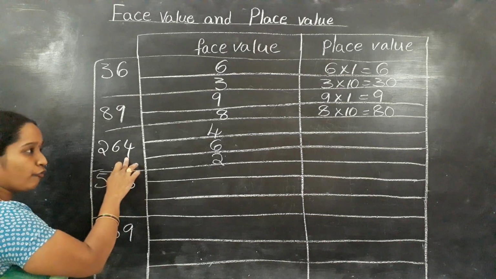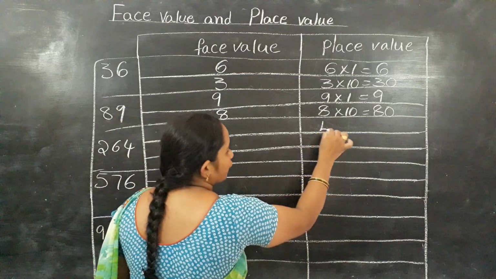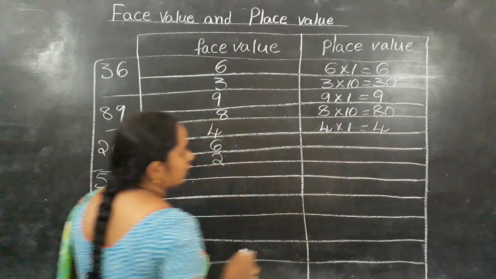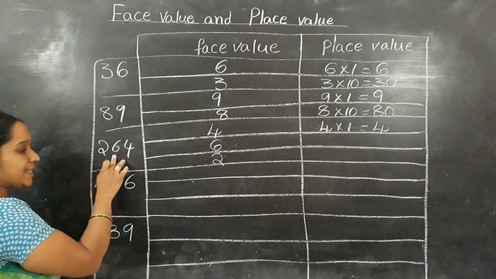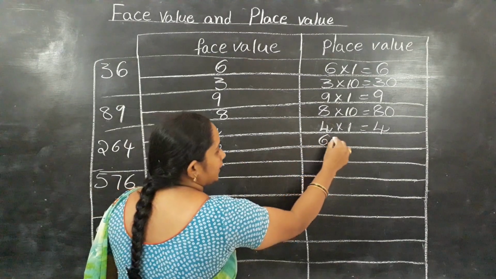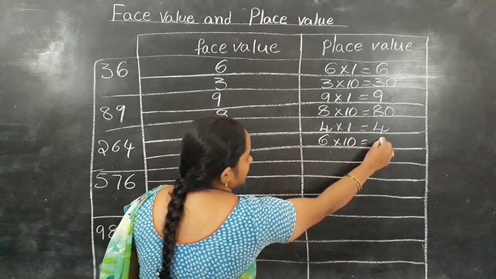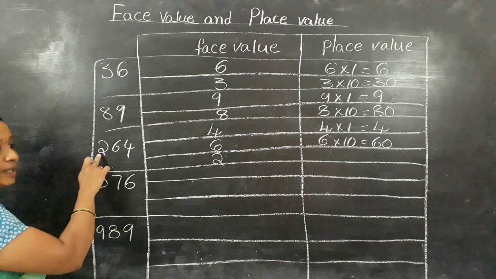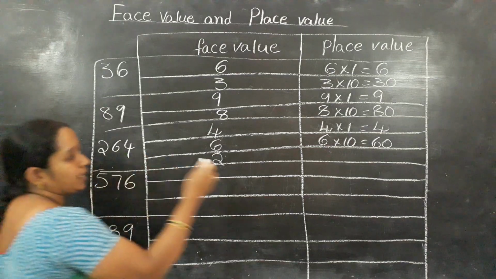It is in 1's place. 4 into 1, 4. Next, where is the 6? It is in 10's place. 6 into 10, 60. What about 2? It is in 100's place.